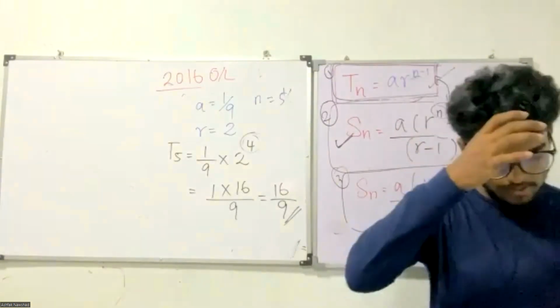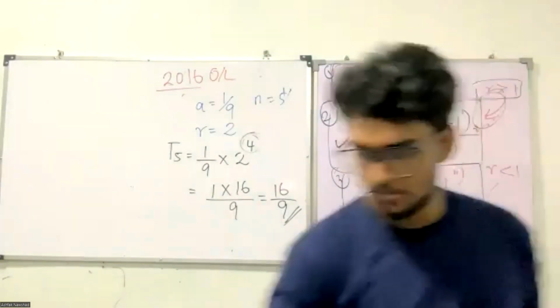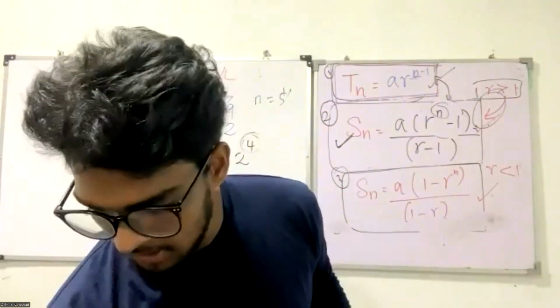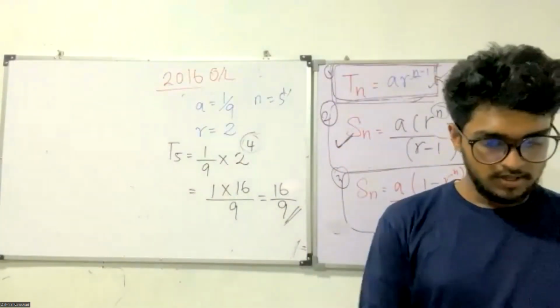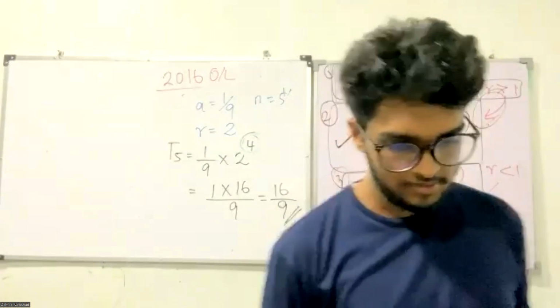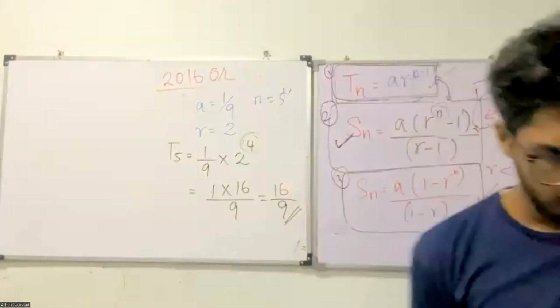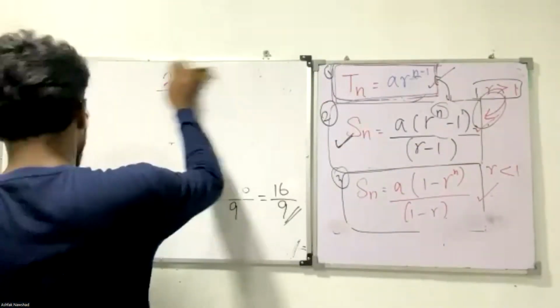We are gonna try the 2017 O level question, and that's it for the session. The model questions you can try out on your own, and on the third session we are going to discuss them as well. Okay. Let's move on. 2017 O level.